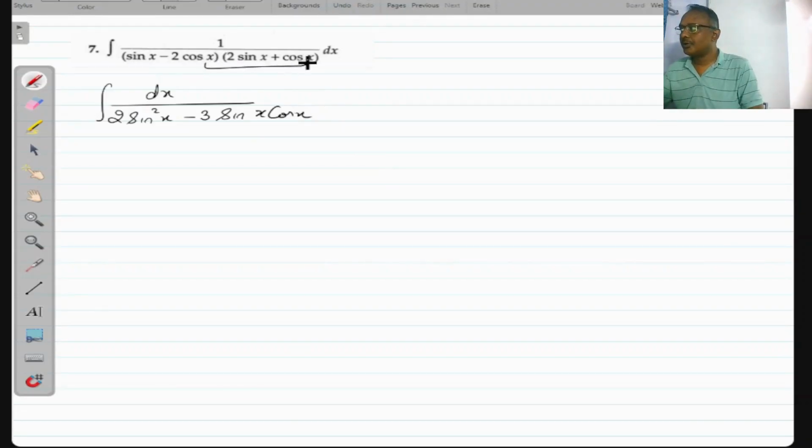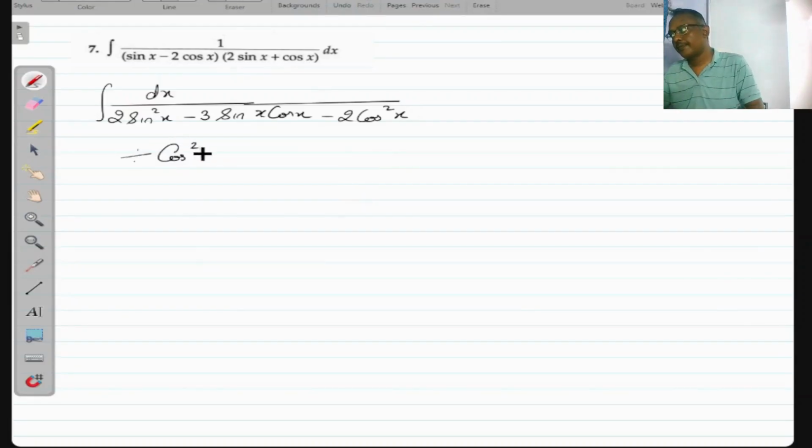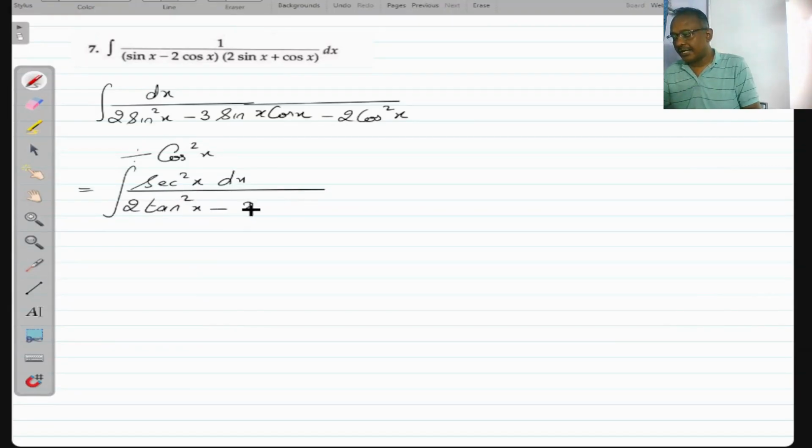And cos x into cos x is minus 2 cos square x. Now the formula, divide by cos square x. This will become sec square x dx. Divide by cos square करेंगे तो tan square x 3 tan x minus 2.